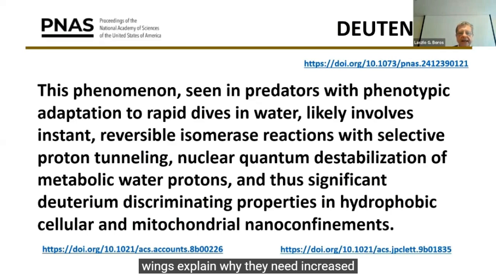This explains why they need increased deuterium levels in their bone collagen, simply because to remove a deuterium bond, once it replaces hydrogen, it takes about 10 to 15 times more force. If it's a carbon, oxygen, or nitrogen, it's 8 to 15 times harder to remove.